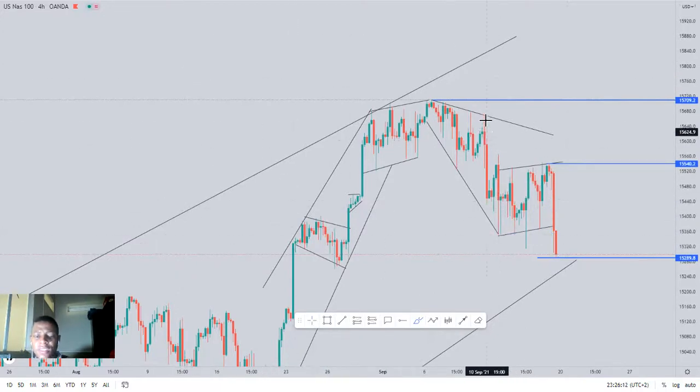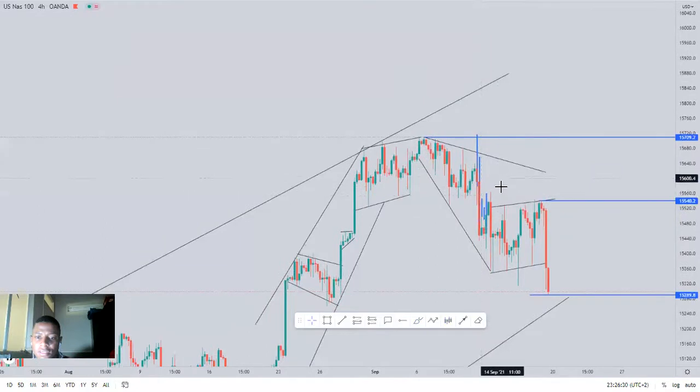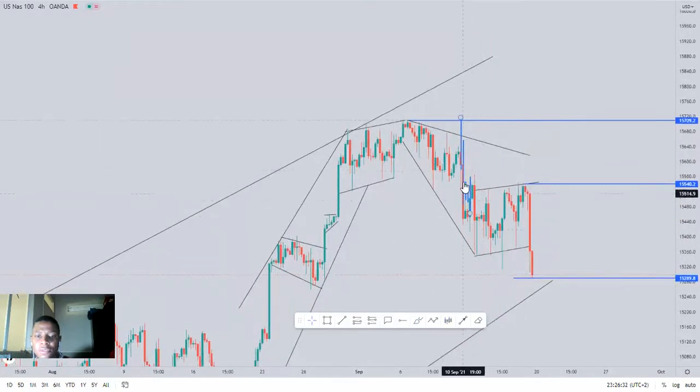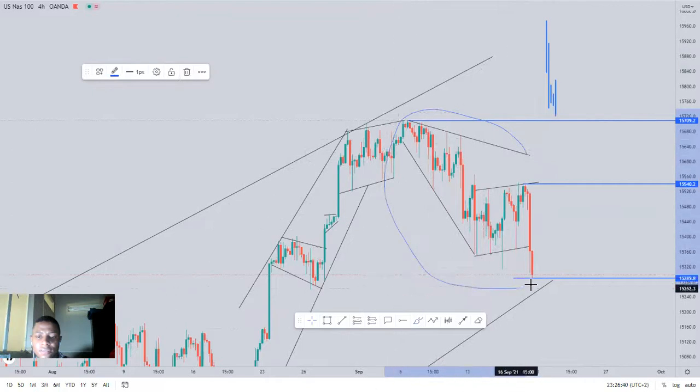Okay, so we can see that we have this structure, this impulse move, corrective structure, and another impulse move. We'll try to utilize the best pattern tool and try to determine. But this was tricky. We had an impulse move, correction, impulse move within some sort of complex pattern.